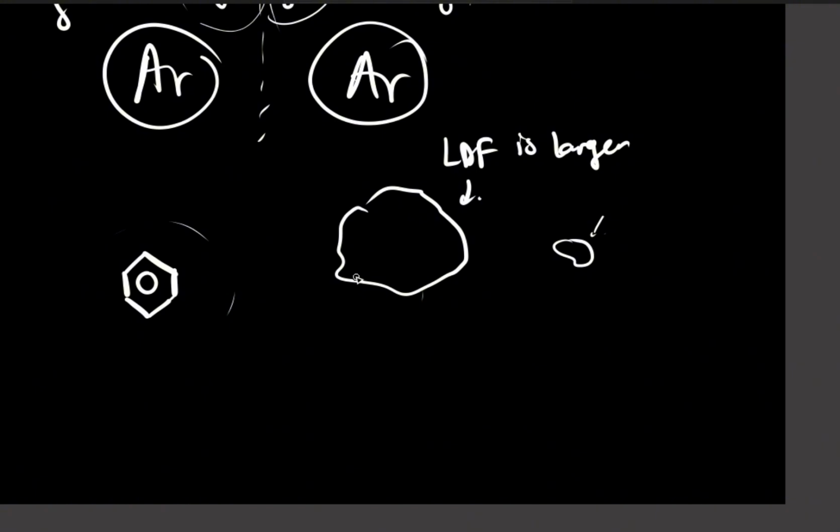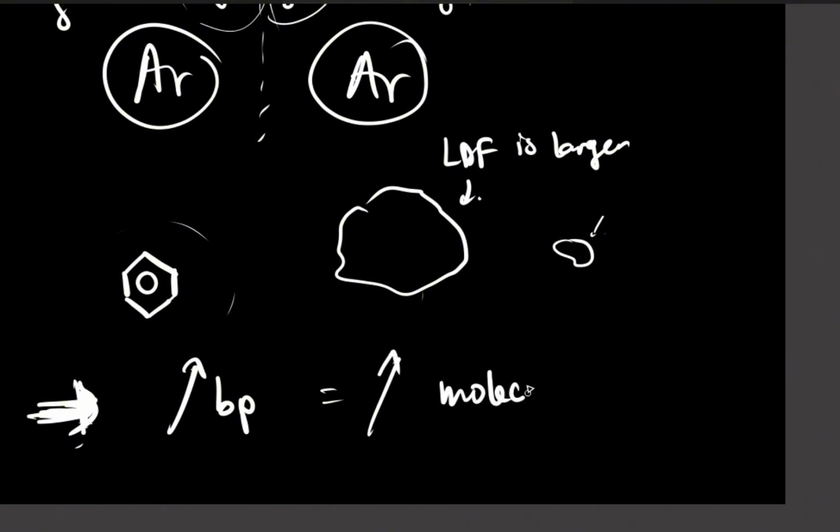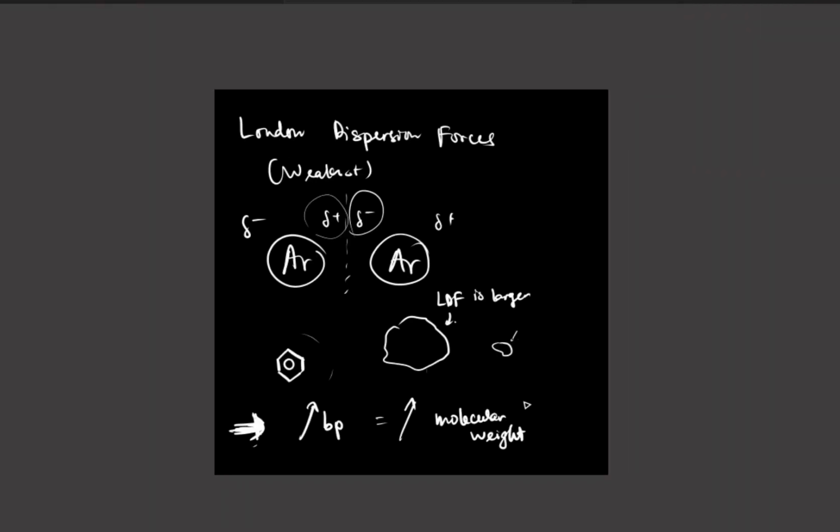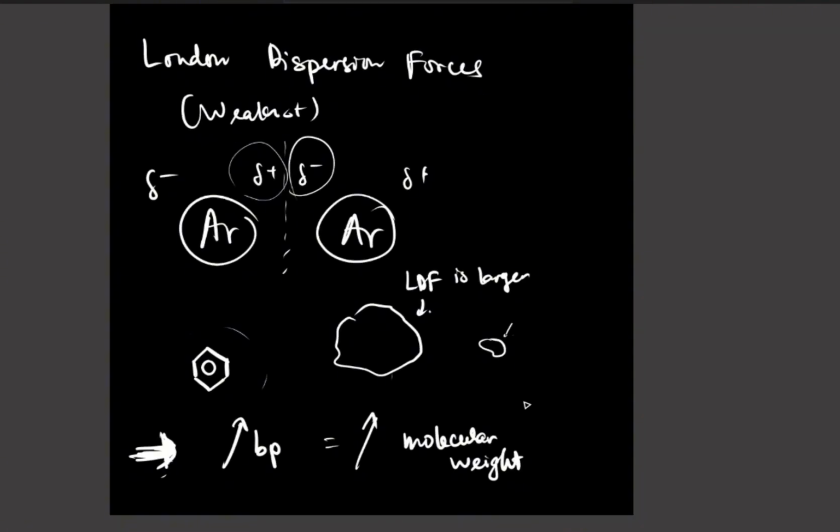So the trend is that an increase in boiling point means an increase in molecular weight. The larger the molecule is, the higher the boiling point of that substance is.